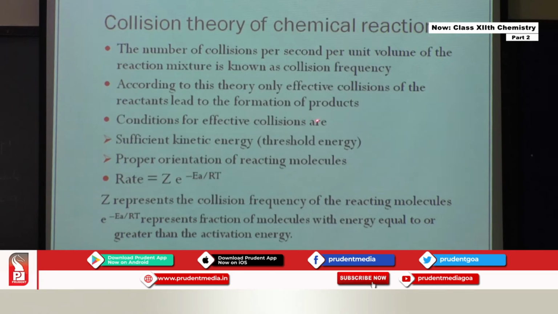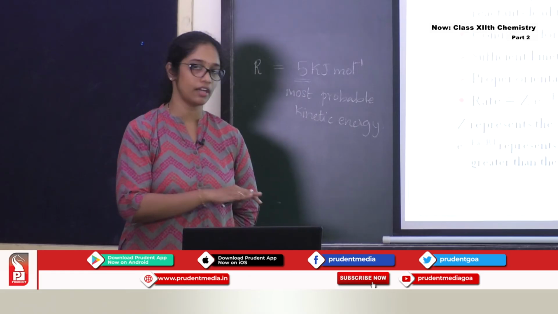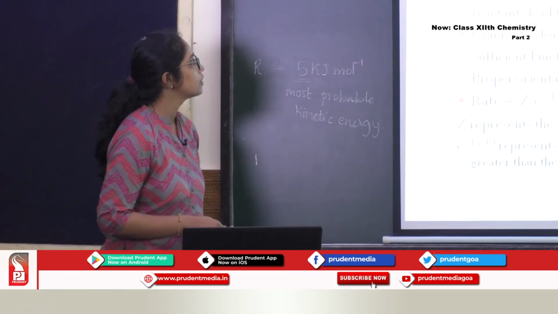Effective collisions will take place only if a sufficient amount of kinetic energy is available with the reactants, and if the reactants are properly oriented. So, these are the two important requirements for effective collisions, and it is only the effective collisions that will lead to the formation of products, while other collisions will bounce back and form the reactants, not the products.